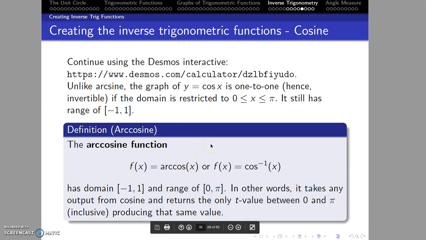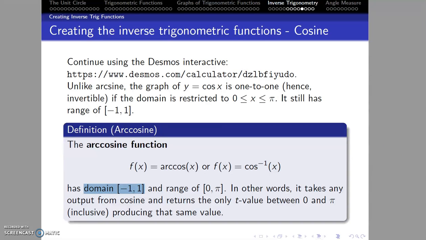In words now, this is how we have Arccosine defined. It has domain, same as Arcsine. It takes everything that cosine could be and gives you a value that produces that cosine, but only on the range of 0 to pi.